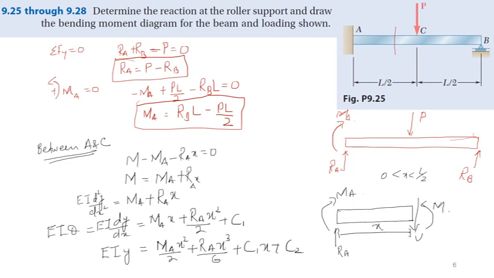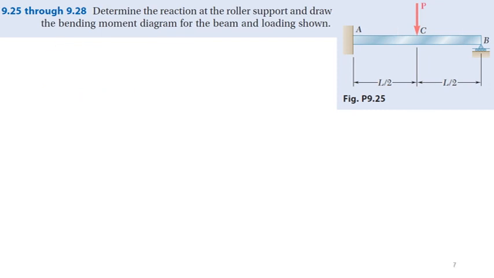Okay, now but this is only valid from 0 to L by 2. We have to consider what is happening beyond C, between C and B, somewhere here. So we will develop the equation of elastic curve for this section as well. Okay, now let's take a section here, and draw a free body diagram for this one.